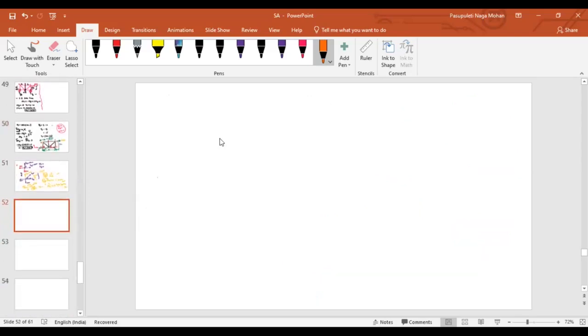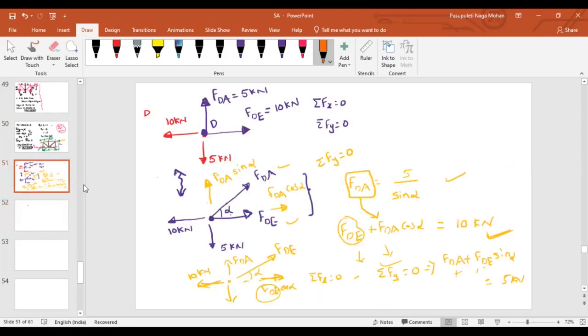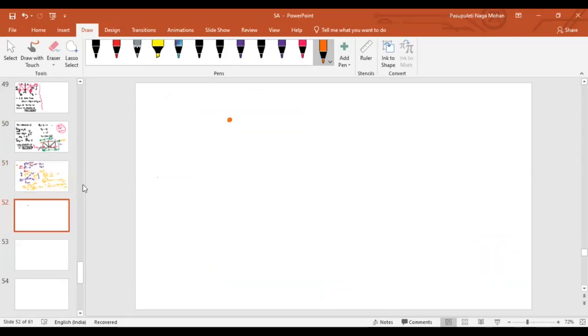At point A, first of all, I will represent the force that I already know, FDA. Is it a tensile force or a compression force? Tensile. How to represent the tensile force in AD? Draw a line along the member and then represent an arrow away from the joint. So this is your force, 5 kilonewton.